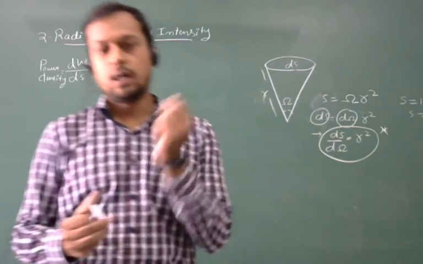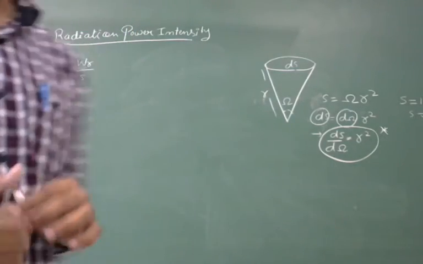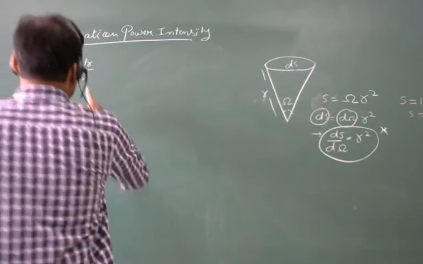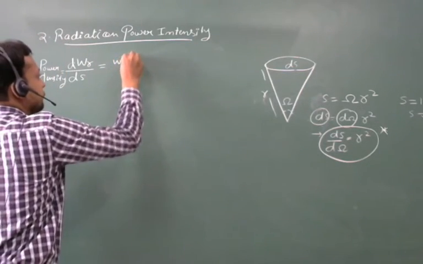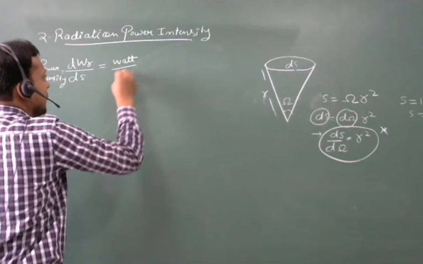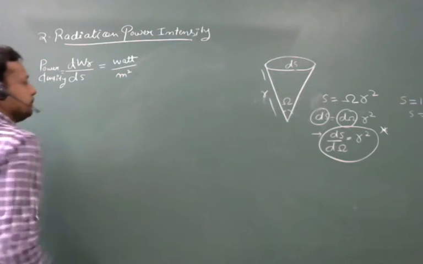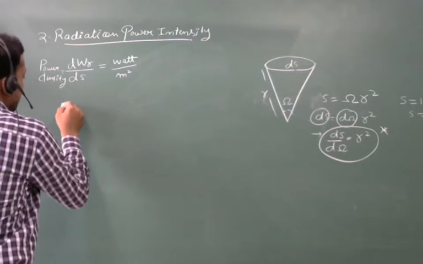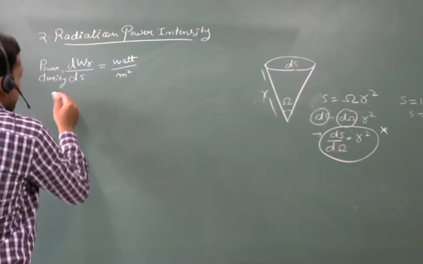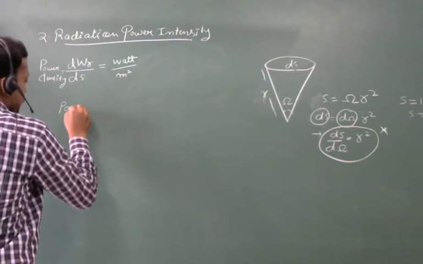Now, correlating it, the unit for the power density is watt per meter square. Now, for solid angle, the radiation power intensity.